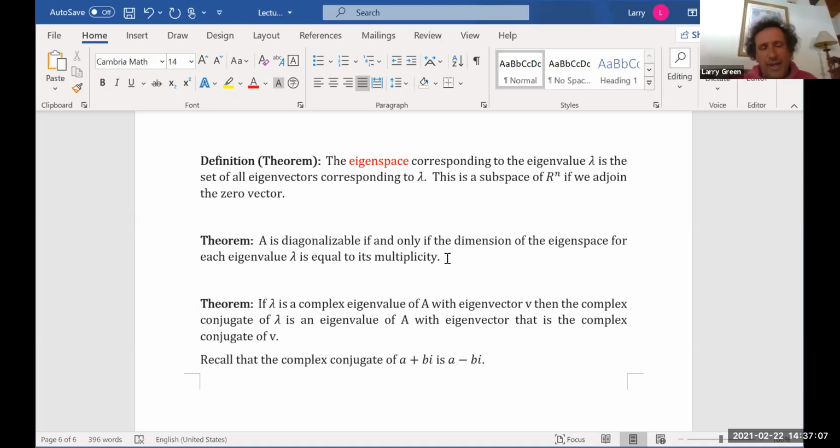Okay, so remember that when you found an eigenvalue, you found the determinant of A minus lambda I, right? You found the characteristic polynomial, and you found the roots of that polynomial. Do you remember that?